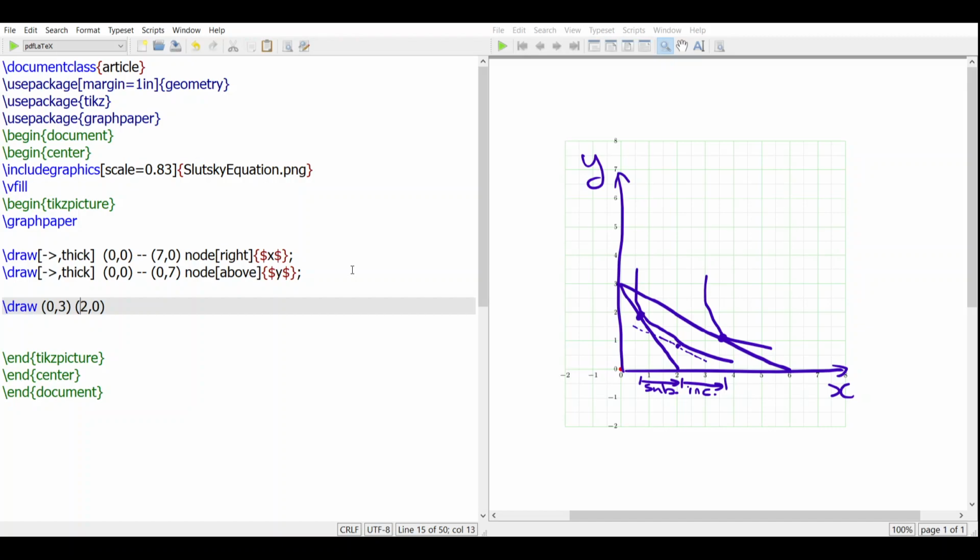Now we need to have a curve. Draw a curve first. I think the curve is more important than the other, imaginary budget line here. So we'll draw the plot smooth, and then we have coordinates. Maybe we have 0.5, 3.5, say.